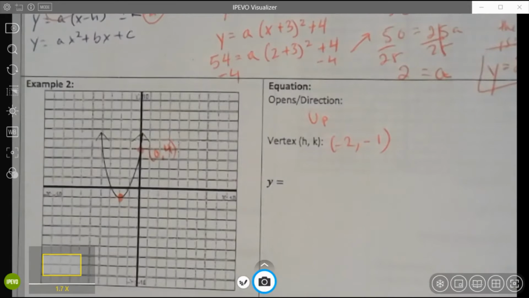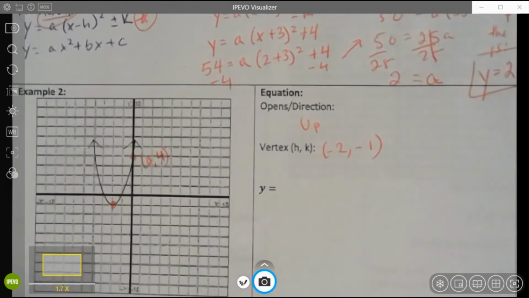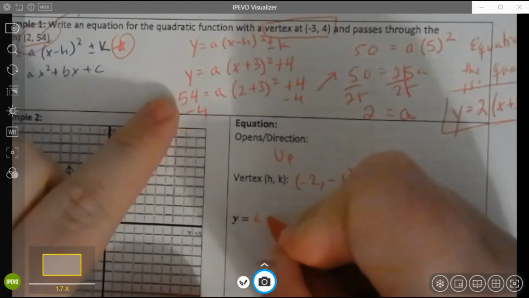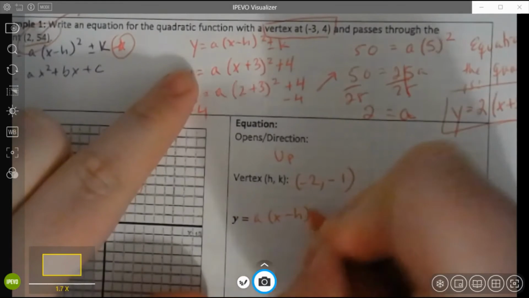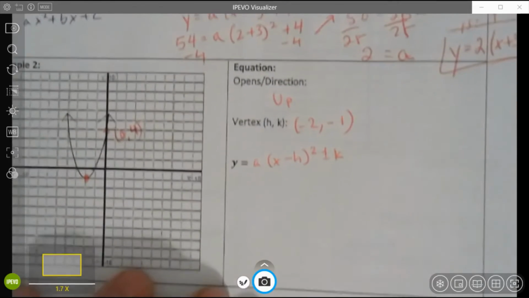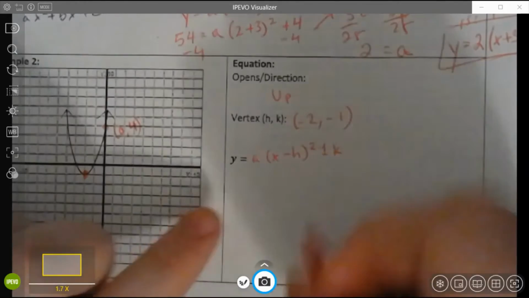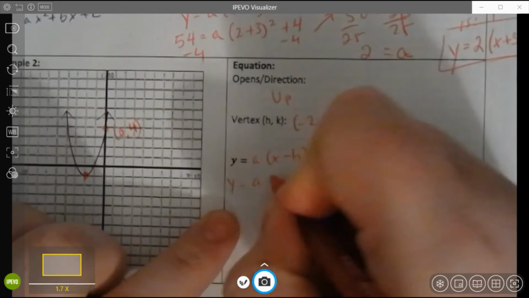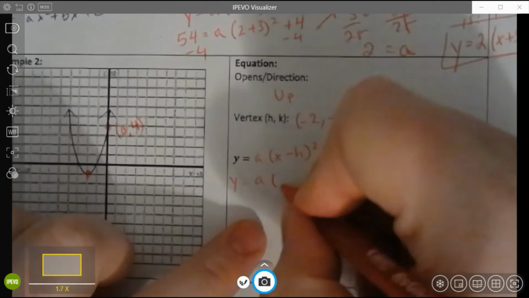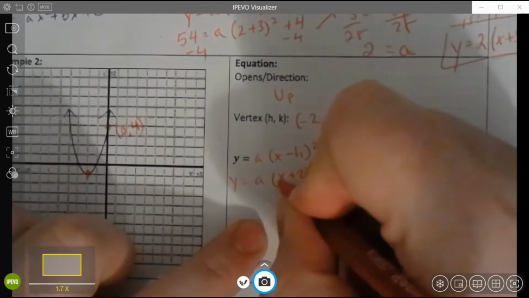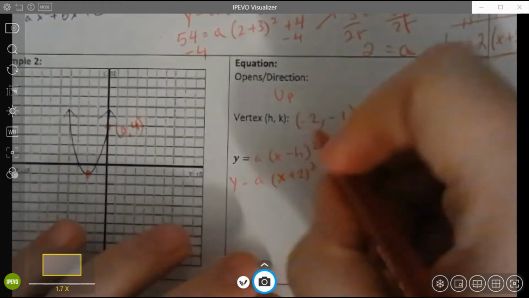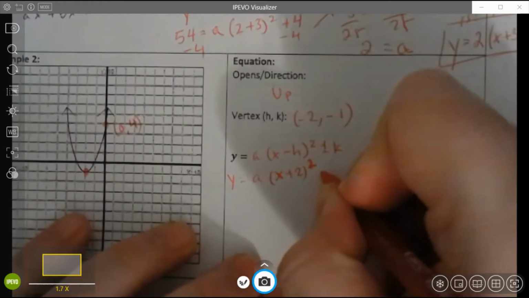So to come up with this equation, we're going to basically do the same thing we did in example 1. So we're going to start off with y equals a times (x minus h) squared plus or minus k. And then we'll plug in our values for h and k. So y equals a times, remember h here is -2. So this is going to be x plus 2 because h gets opposite sign. And then minus k. So this is going to be minus 1.